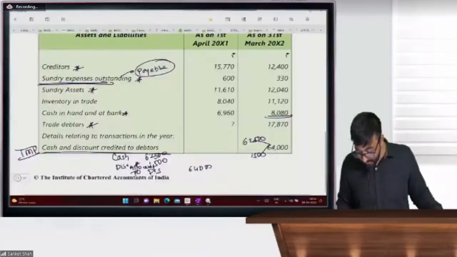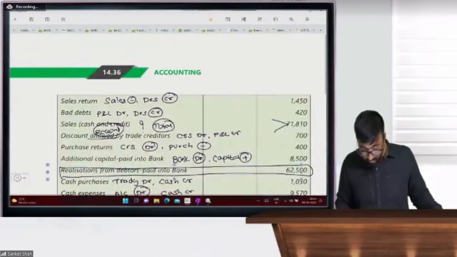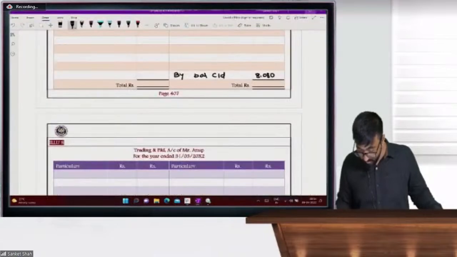Don't use calci in between. Sales return. Prepare pro forma.